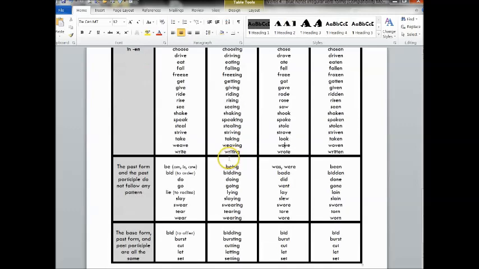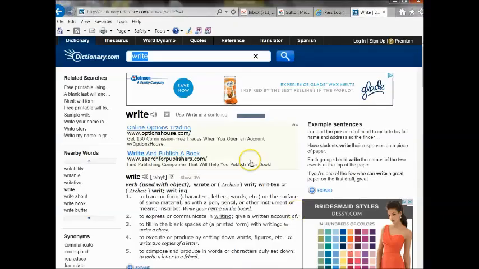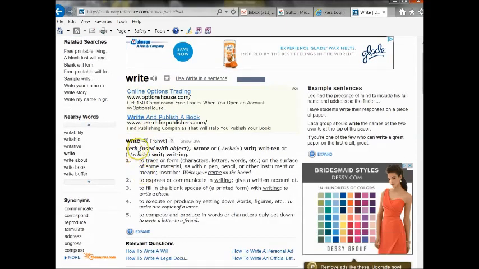If you get a verb and you are unsure of what the form is supposed to be for the past and the past participle, and you're writing and you want to make sure you get it correct, the dictionary is the place to look. So if I bring up the verb write on one of the online dictionary sites, many of us use dictionary.com, you will notice that it says verb, and then it gives you the past form, wrote.